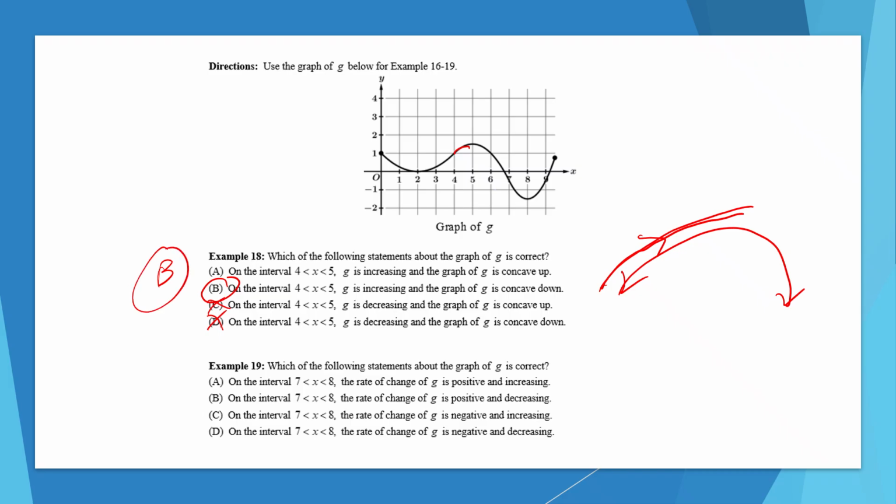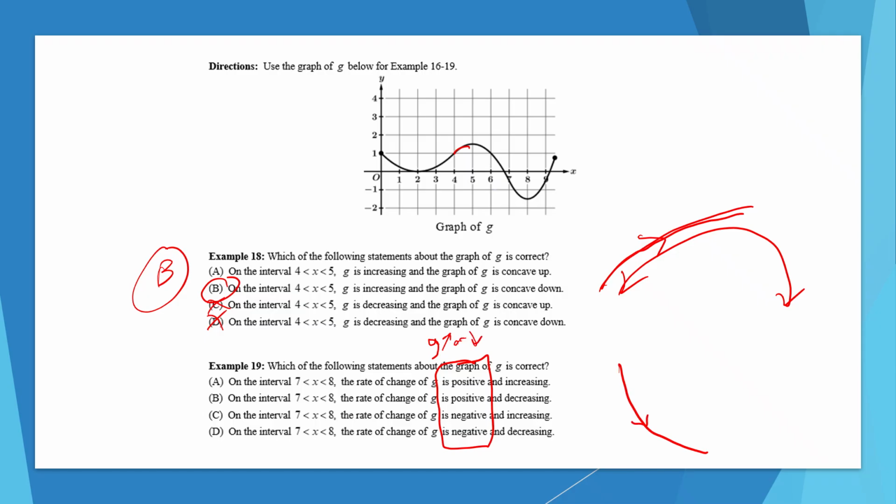And then 19 from 7 to 8, it's going to be this portion of the graph right there. The rate of change is positive or negative and increasing or decreasing. The rate of change being positive or negative is oftentimes the hardest type of question to ask. But that basically just means is G increasing or decreasing?